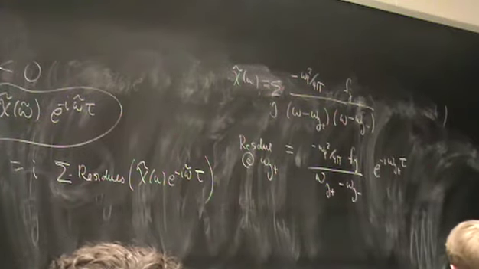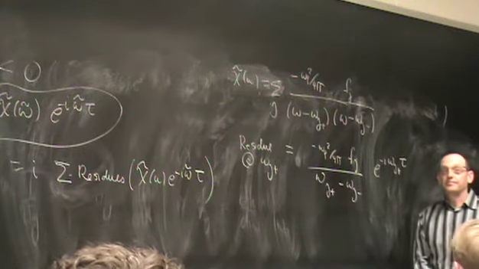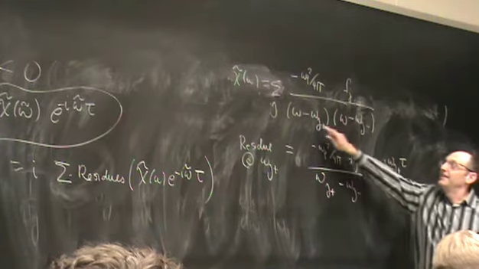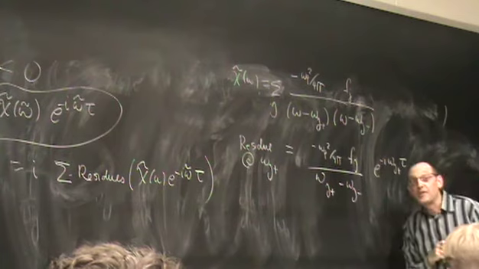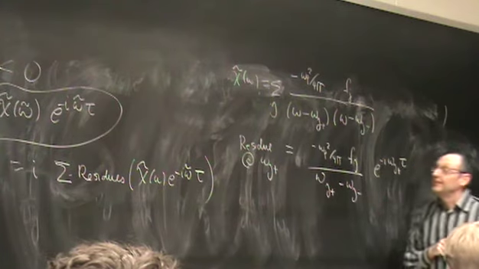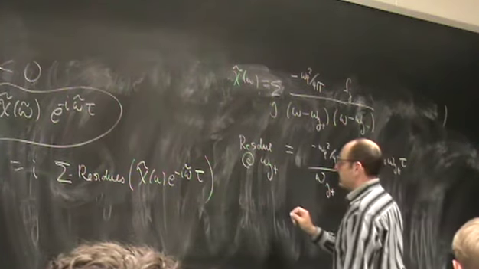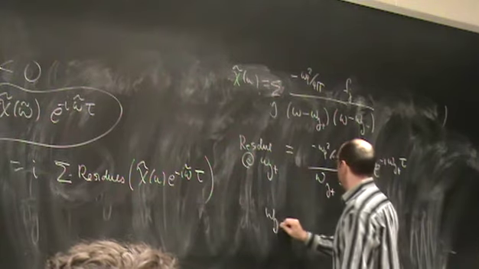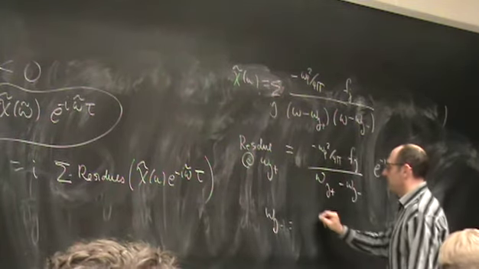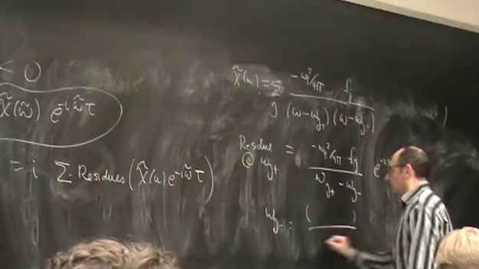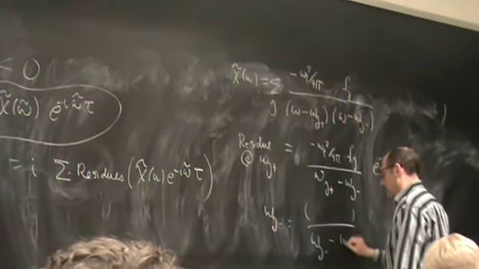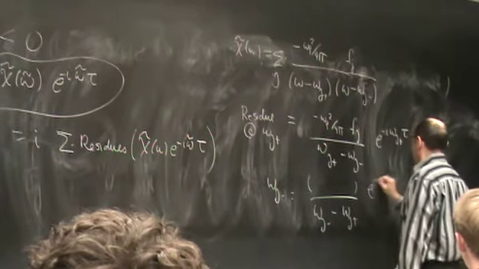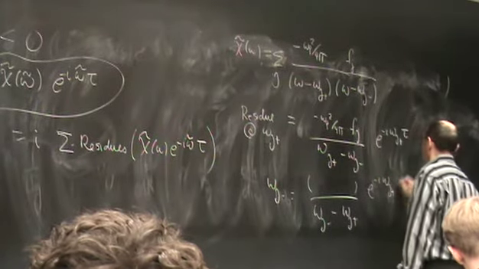That's the residue of that function at omega_j plus. Plug in, get rid of that, plug in omega_j plus, that's the residue. And then there's this one at omega_j minus, which is the same thing, but now omega_j minus minus omega_j plus, times e to the minus i omega_j minus tau.